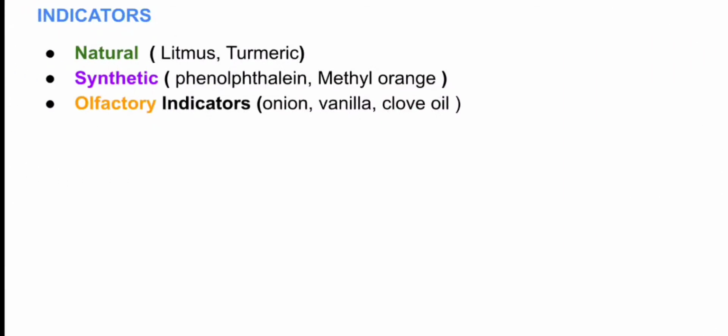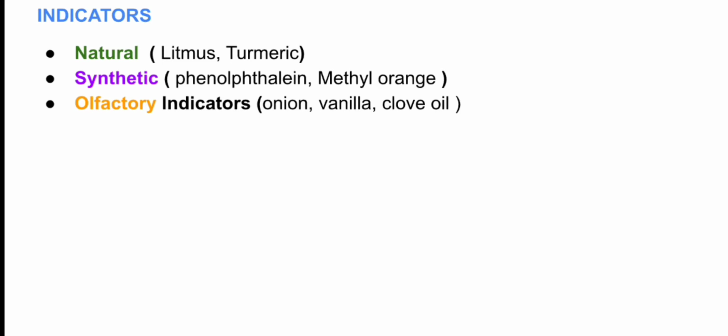Before that, we should know what indicators are. Along with acids and bases, we always hear the word indicator. Indicators are special substances which are used to indicate whether a substance is an acid or a base. There are many types of indicators: natural indicators, synthetic indicators, and olfactory indicators.